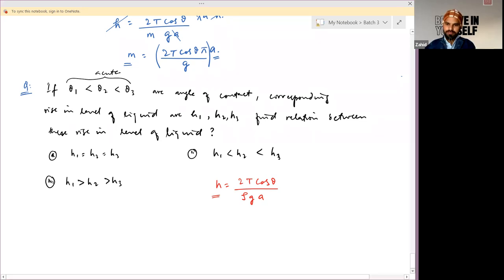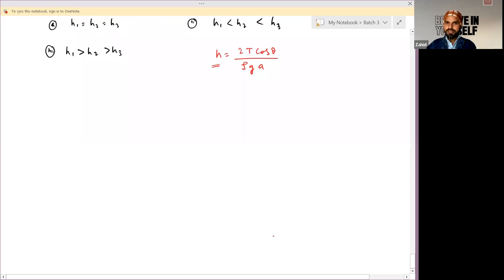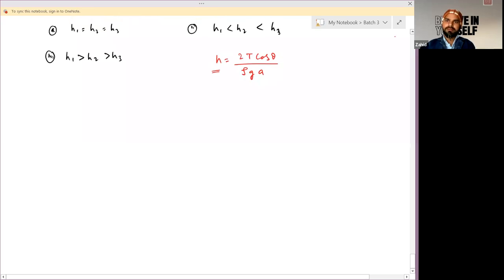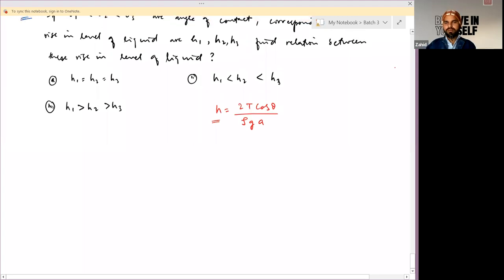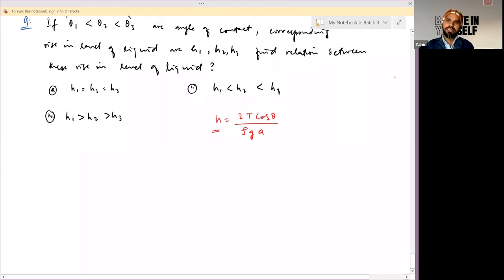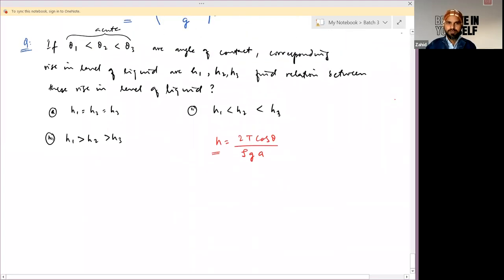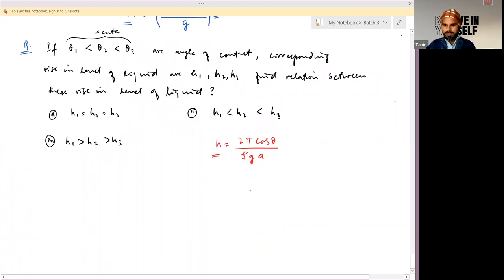And we all know cos 0 will be maximum, that is 1. So if you increase the value from 0 degree to 90 degree, the corresponding value of cos theta starts decreasing. So we have theta 1, theta 2, and theta 3.